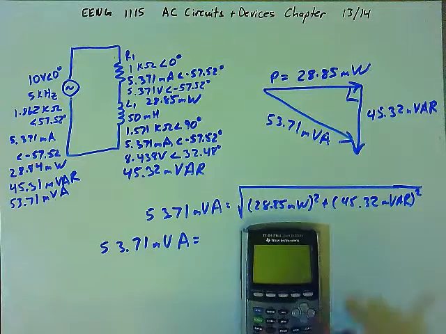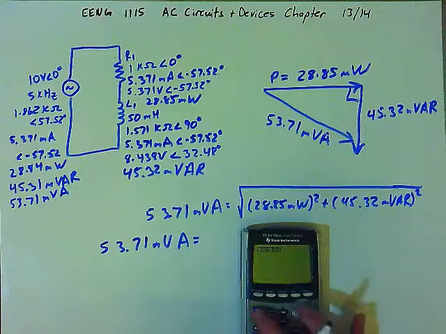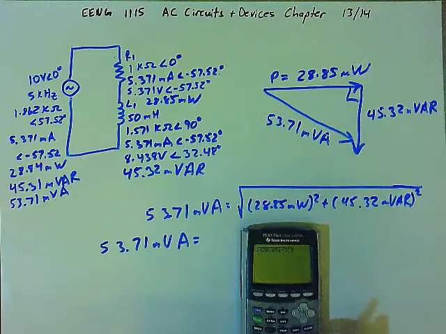And so let's take a look here. Let's say the square root of parentheses 28.85 milli squared, plus 45.32 milli squared.